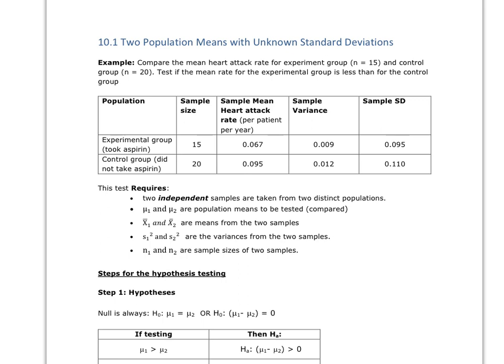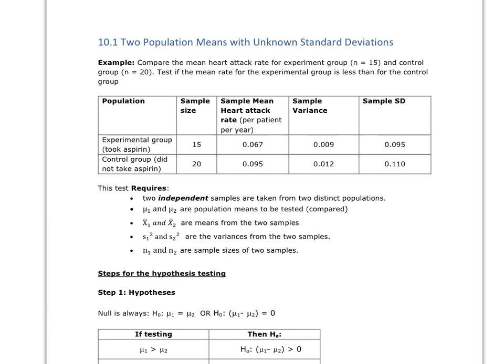Okay, so let's start off with this first kind of test where we're going to take two population means, and we either have known or unknown standard deviations. It's the same thing as in chapter 9, where if we know our standard deviation from the population, we can use Z. And if we don't know that, or we have a small sample size, then we use T. We have the same scenario going on in this chapter as well.